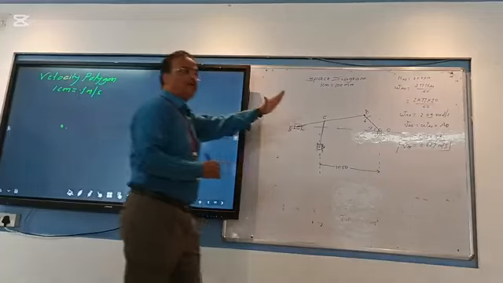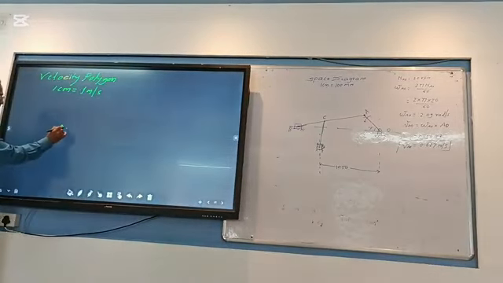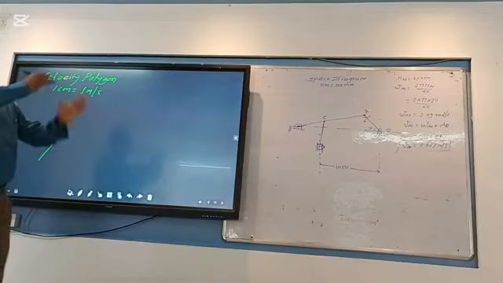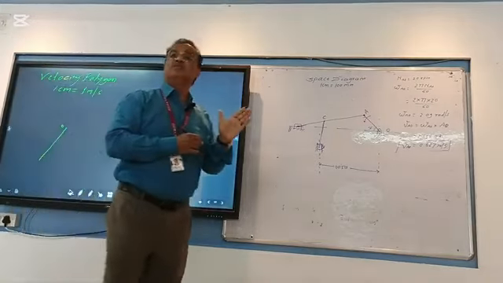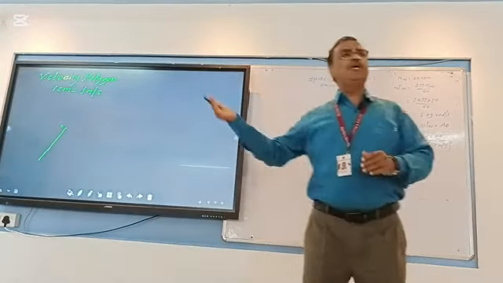So the perpendicular for OA, I am drawing from O, but of what length? This question will arise in your mind. तो आपको डिसाइड करना है.